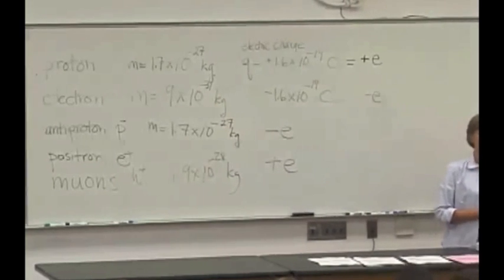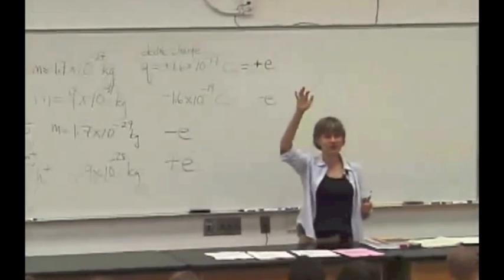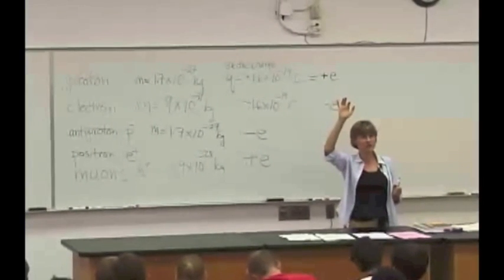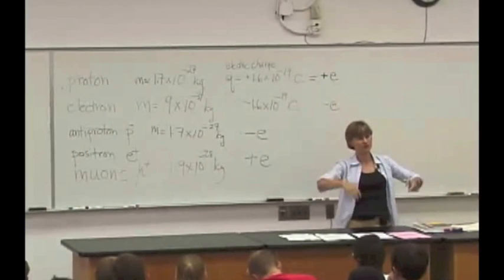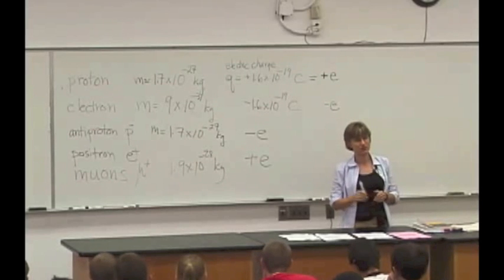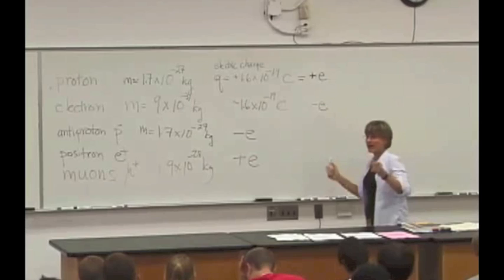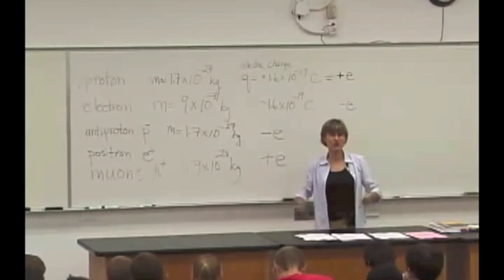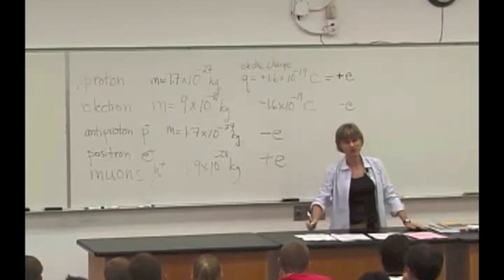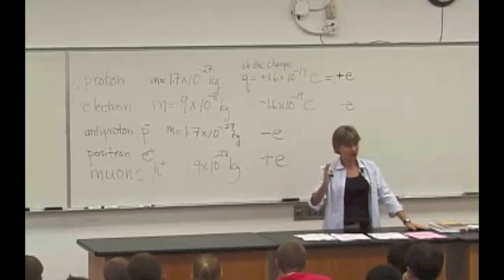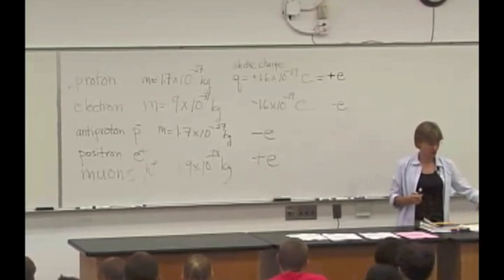And we do detect these things on Earth because they get created, and they're what people used to call cosmic rays, and we get showers of them when charged particles hit the top of our atmosphere, and we'll run into them later in the course. And there are also pions and things like that. So there's a bunch of charged particles, and the thing about charged particles that's important is they all interact electrically with each other.